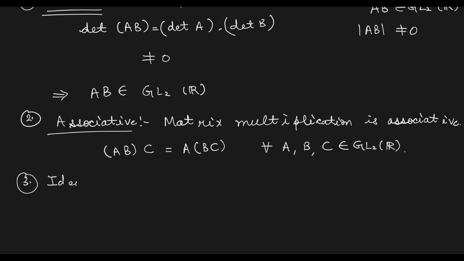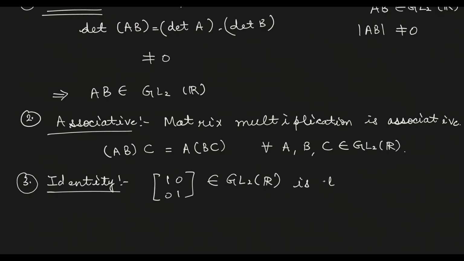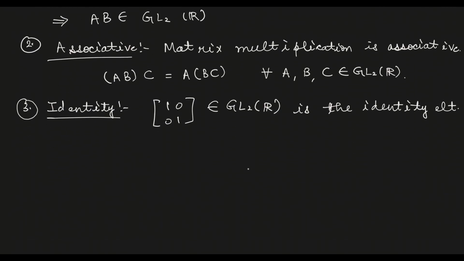Third, identity. The matrix [[1,0],[0,1]] belongs to GL2R. This is the identity element. Fourth, inverse.